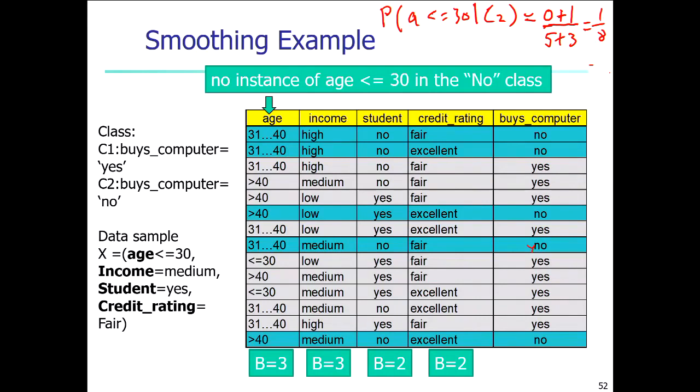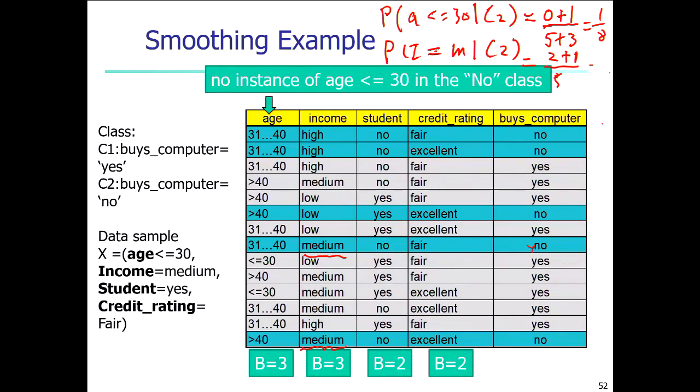And for, let's say, income equals medium given C2, the previous value would be 2 over 5.